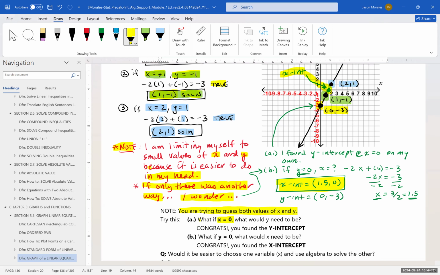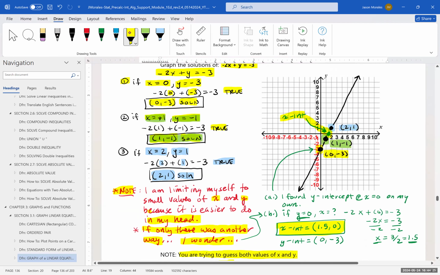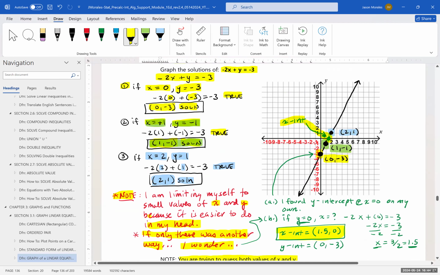I accidentally found the y-intercept up here. If x is 0, we get y = -3. So this point (0, -3) was our y-intercept, and that was this one right there.